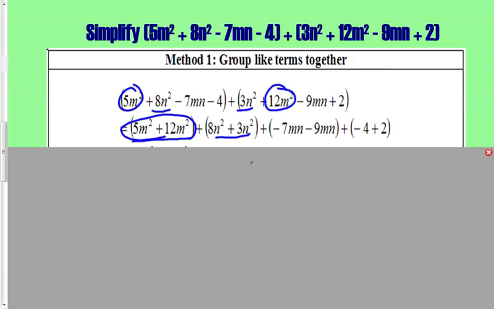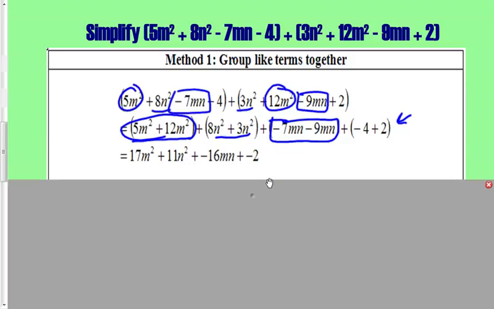We have your minus 7mn and minus 9mn. So we got that right here. And then finally, our last part would be the minus 4 and the plus 2. So that's right there. When you do that, you just add the ones that you group together. So we have 17m squared plus 11n squared plus negative 16mn plus negative 2 would be your answer.